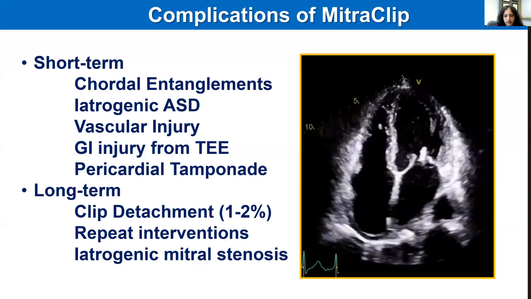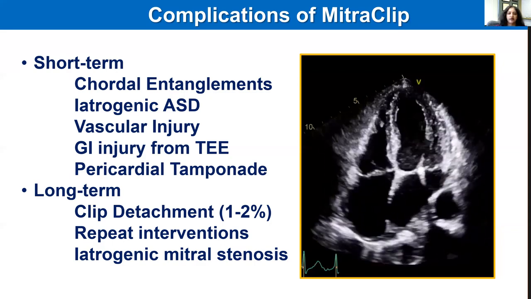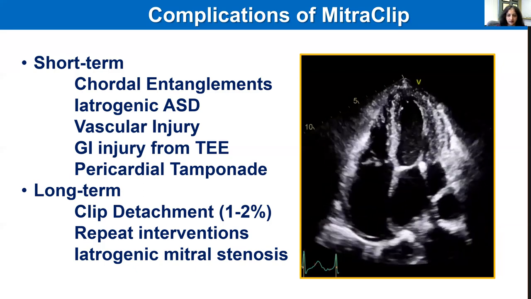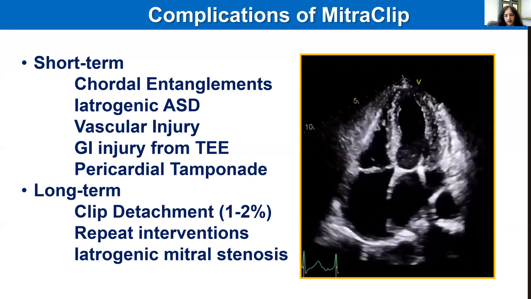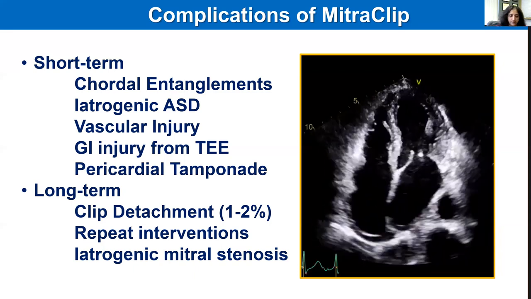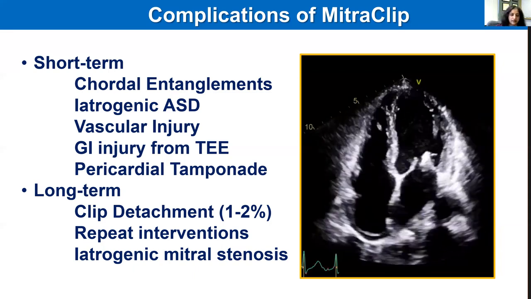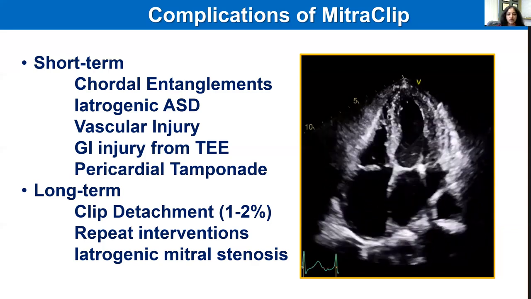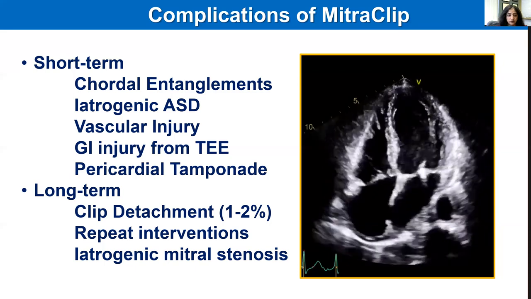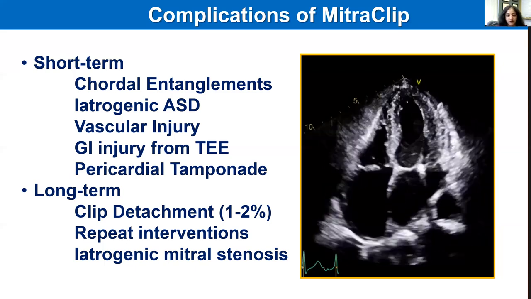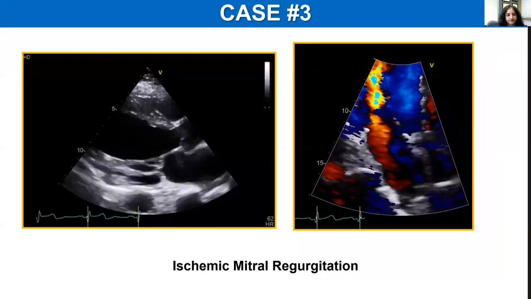Long-term, it's clip detachment. As you can see here, the clip is detached from the anterior leaflet and is sort of flailing around that posterior leaflet. It occurs 1 to 2% of the time, usually within the first 24 hours, if not the first 30 days. The other longer-term complications of mitral clip include repeat interventions and iatrogenic mitral stenosis, which hopefully you've evaluated before the patient leaves the cath lab table.